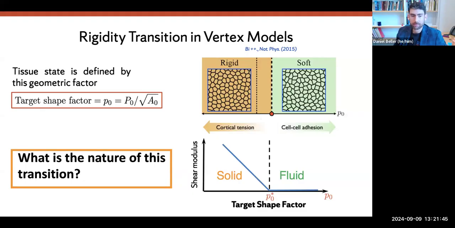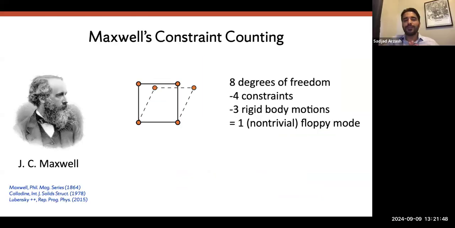Yeah. Thank you. So to explain the nature of this rigidity transition, I'm going back to Maxwell's counting argument, which is a simple, elegant counting argument that can explain rigidity of frames. For example, if you have 4 nodes and these 4 constraints on these nodes, then we can just count the number of degrees of freedom in these 2D systems, the number of constraints, remove the rigid body motions, and get one floppy mode.